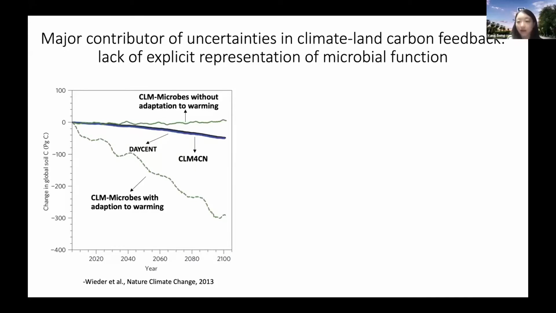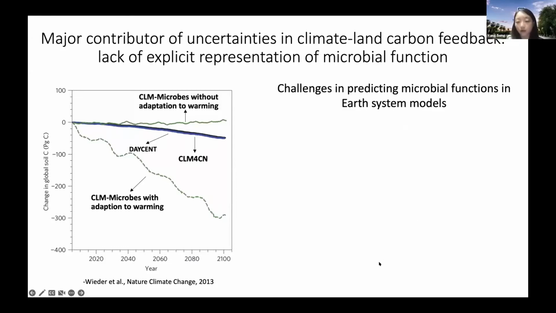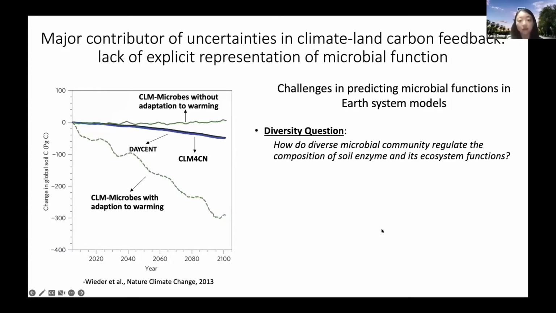This gives us the idea that one important issue, if we want to reduce the uncertainty in the future prediction of carbon climate feedback, is that we need to better constrain the microbial function in the Earth system model. But currently, we have several challenges. First, that relates to the diversity question.